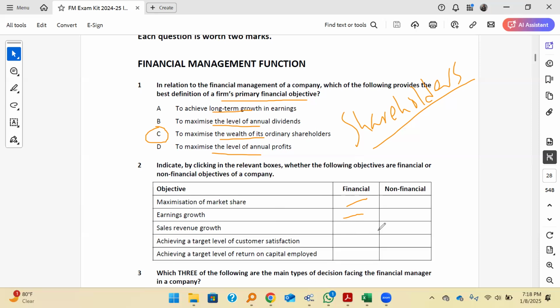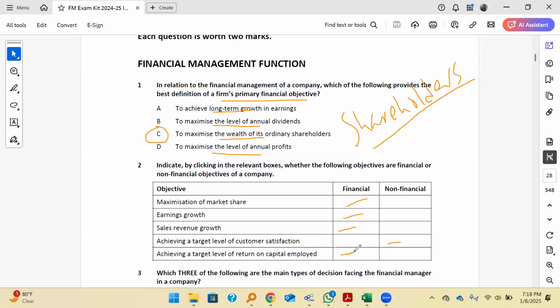Increase in sales revenue is a financial objective. Then, achieving target level of customer satisfaction. Customer satisfaction is not a financial objective. And achieving target level of return on capital employed is a financial objective.